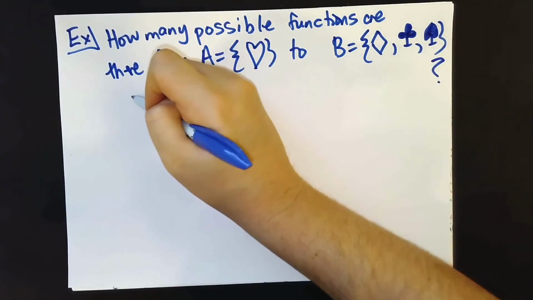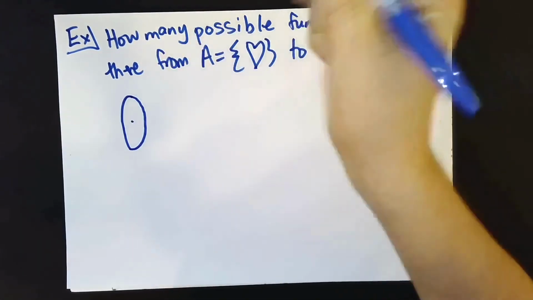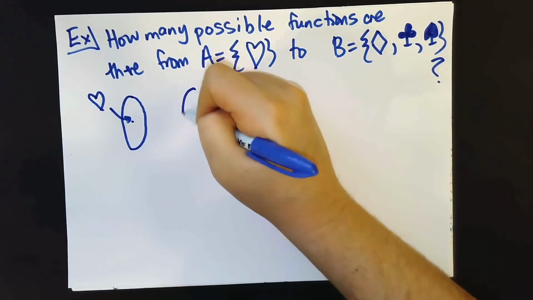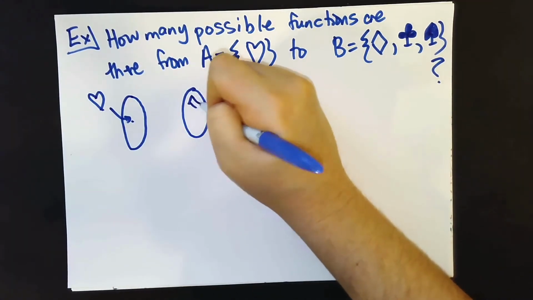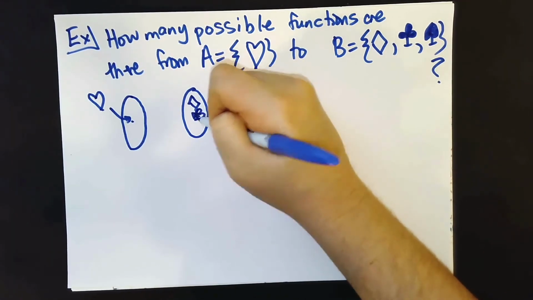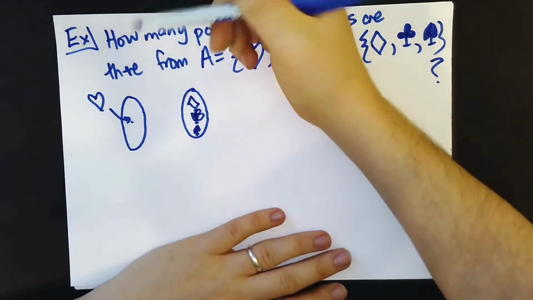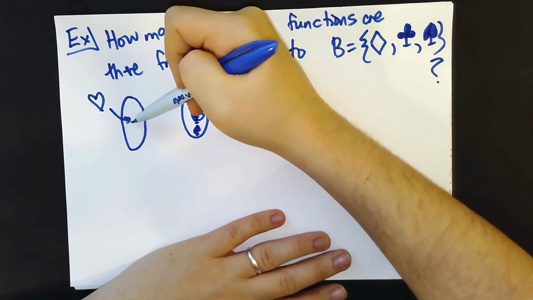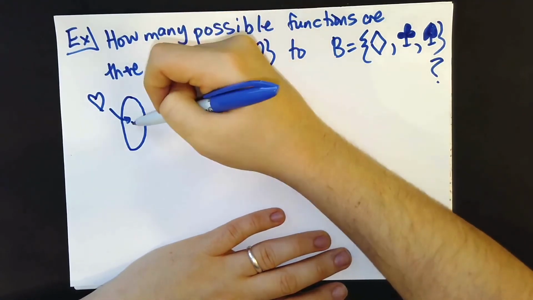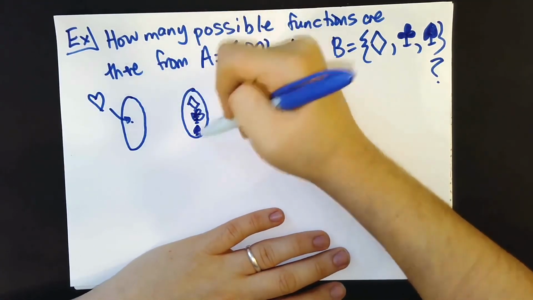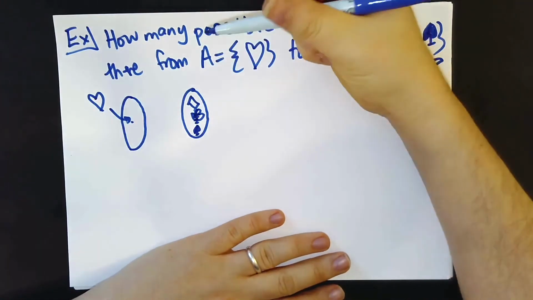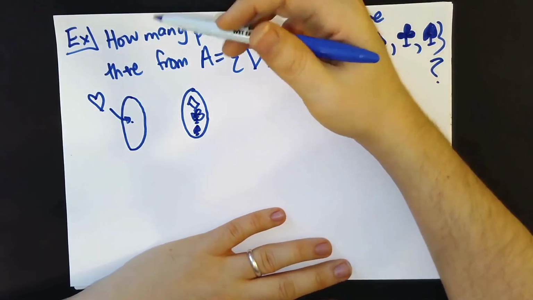If you picture back to our little dot diagrams, we have heart here, then we have diamond, club, and spade over here. And what do I have to do? I have to draw one arrow from this heart to one of these three things. And actually, that will completely describe the function.